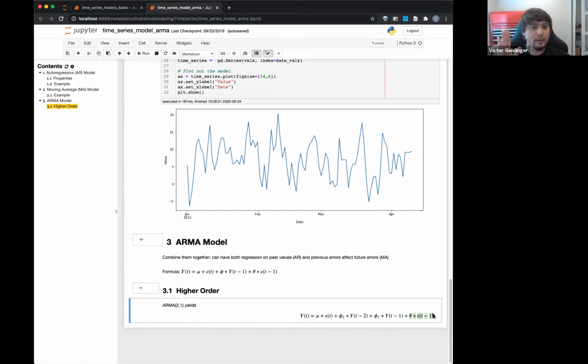Note that if you do this, you're considering a lot more variables. Even just from this part, we have 3 different possible weights we can play around with to fine tune our model. If you put 5 comma 5, you have 5 for the autoregressive and 5 for the moving average, so you have 10 different parameters to tweak.